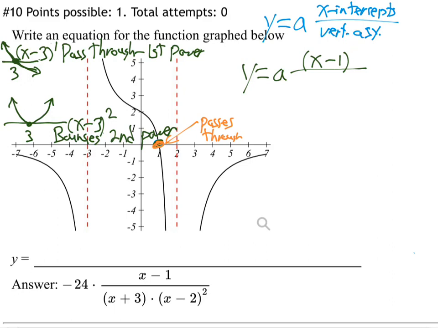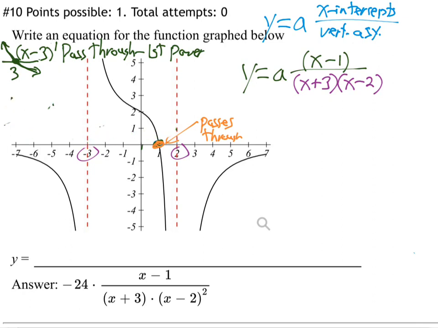All right, now let's look at the vertical asymptotes. So we have vertical asymptotes at -3. So you know that means x plus 3. And positive 2, it's opposite, so that's x minus 2. But now, let's think about the powers on those guys. It's the same kind of thing. In fact, let me move this down here so it's more clear.